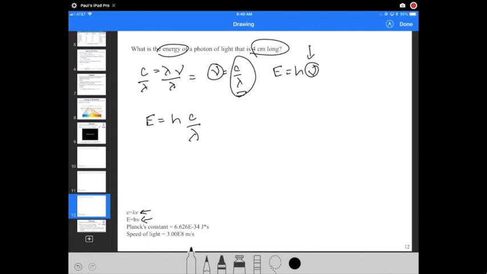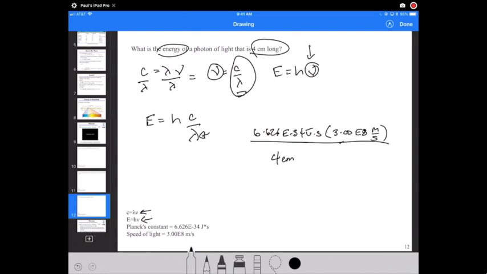Now, is there any problem with this? Well, mathematically, if everything was in meters and meters per second, we'd be fine. Is it given in meters? No. The last thing you have to do is convert what's given in centimeters into your unit of meters. So I would solve this by taking h, joule second, and multiplying it by the speed of light, which is meters over a second, and dividing by the wavelength I have in centimeters.